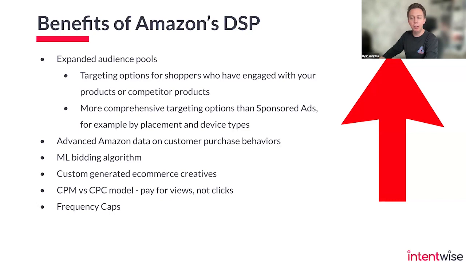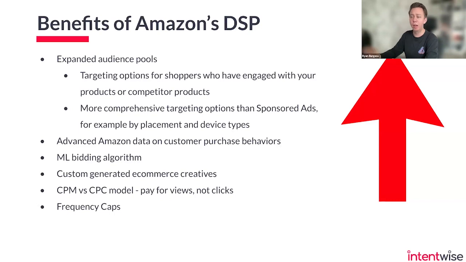And one thing they might do when showing me one of these custom generated e-commerce creatives is put a review front and center and say, in the actual ad creative itself, here's a recent review that got 5 stars, check it out. If Kenton was always clipping coupons before buying something or was always interested in buying something that was on sale, and Amazon had established that history, they would show him an ad with a coupon or a strike-through price to say, this is the right time for you.